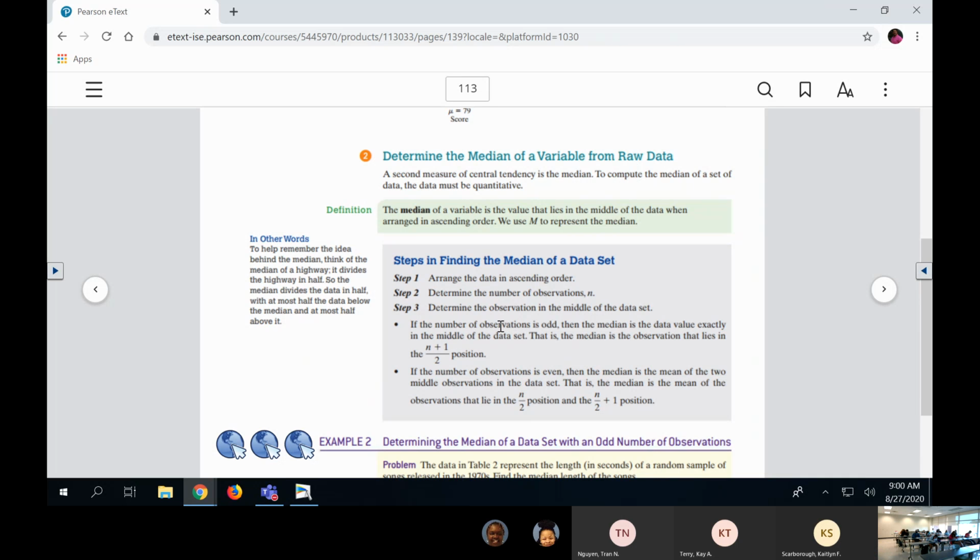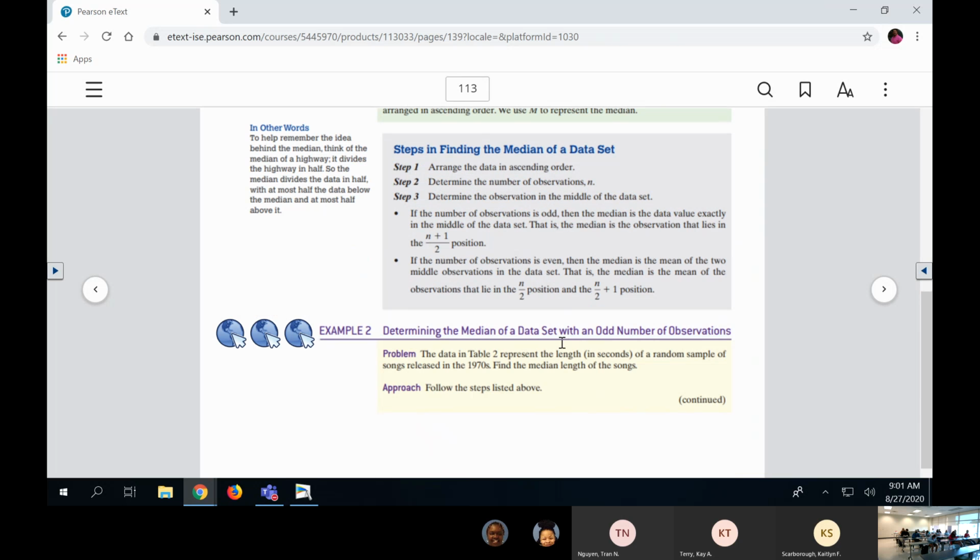What if it's even? Well, if it's even, you have to pick the 2 middle numbers and divide by what? 2. Now they give you a different one. I'm not going to use that. They take the 2 middle numbers, add them together, and divide by 2. So let's do one of these.